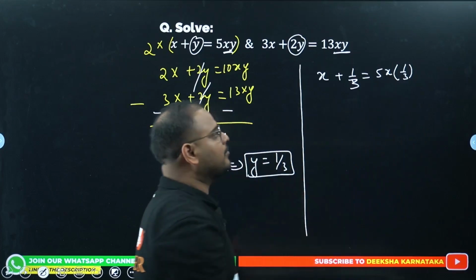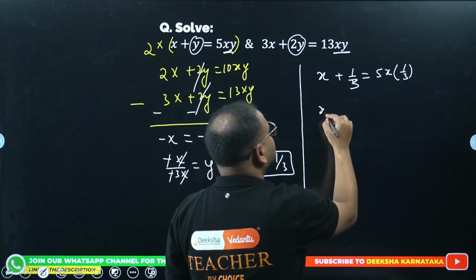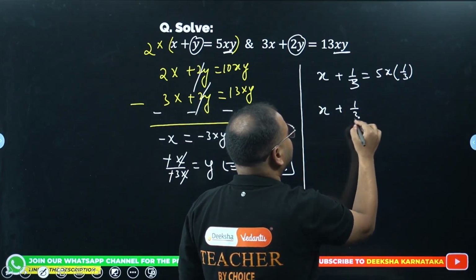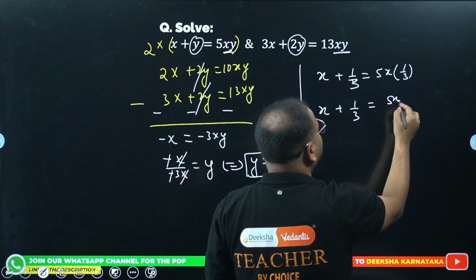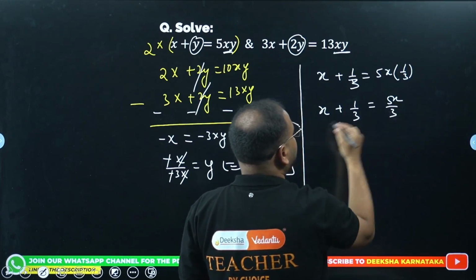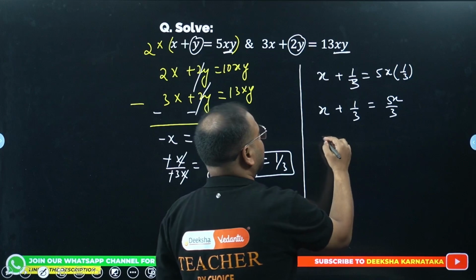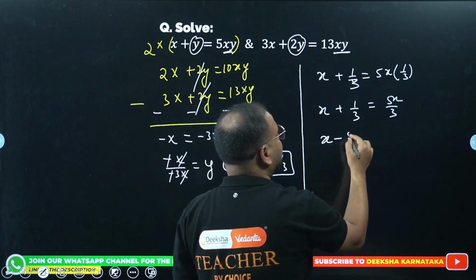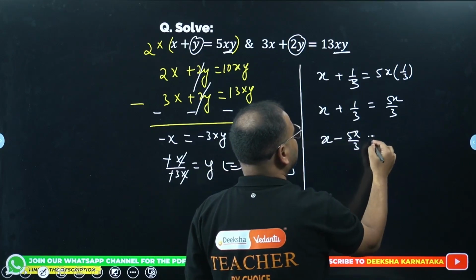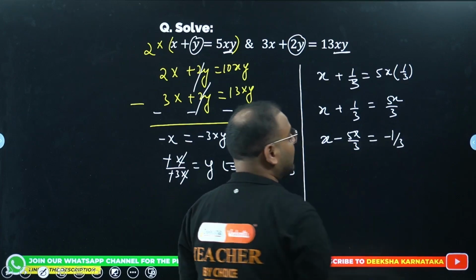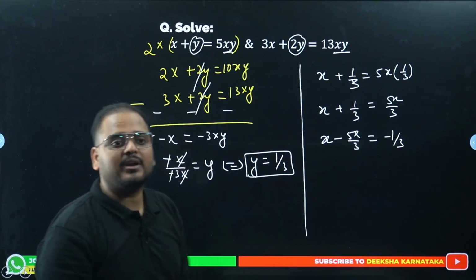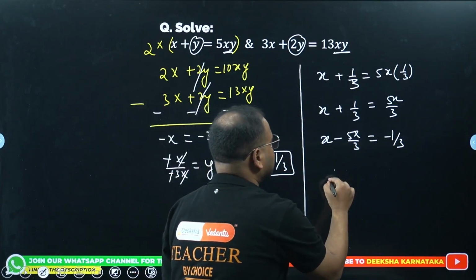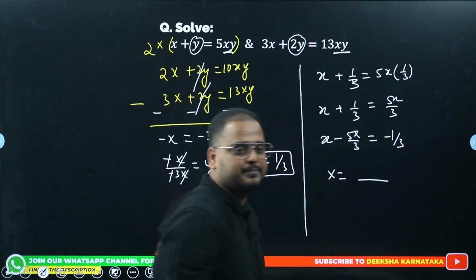Simplify from there. This will be x plus 1 by 3 equals 5x upon 3. Take it here and simplify: x minus 5x by 3 equals minus 1 by 3. I've done till the last step. From here you can take and solve. Give me the value of x.